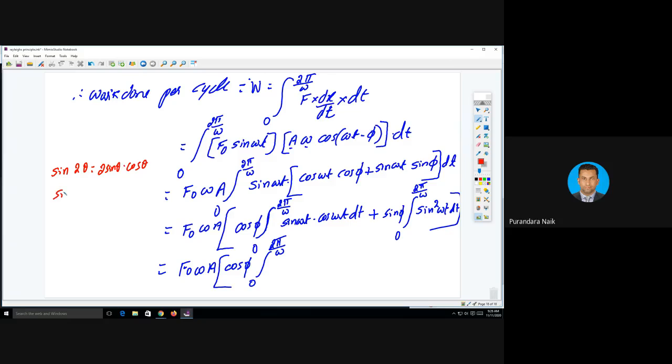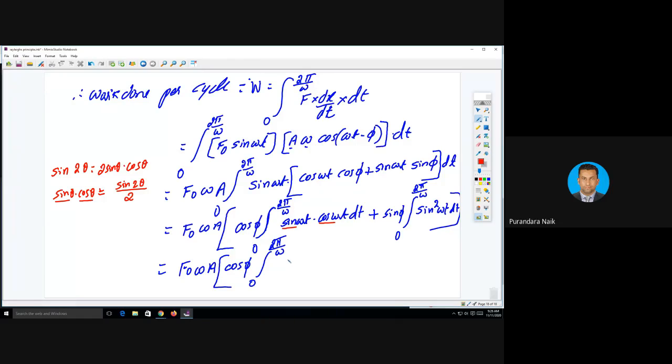Therefore, sine theta cos theta is equal to sine 2 theta by 2. So sine omega t into cos omega t is equal to sine 2 omega t divided by 2.